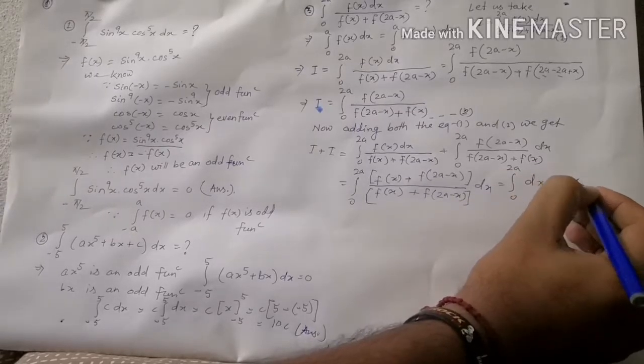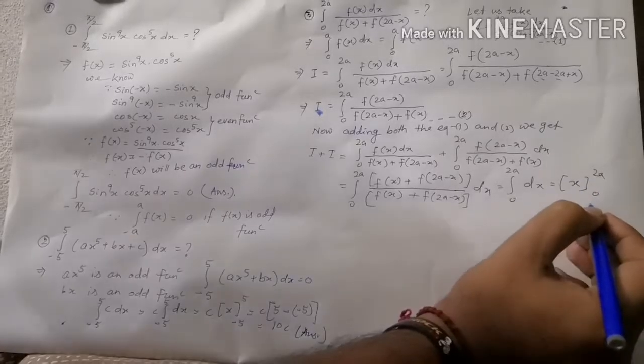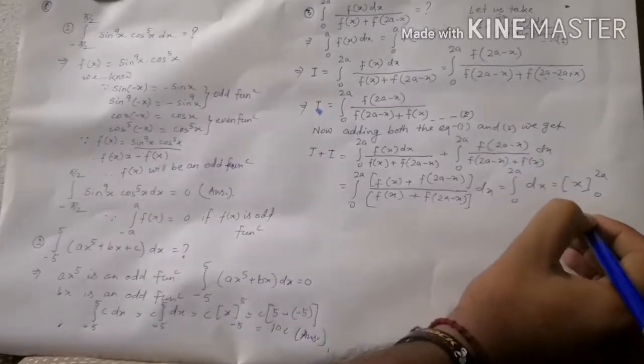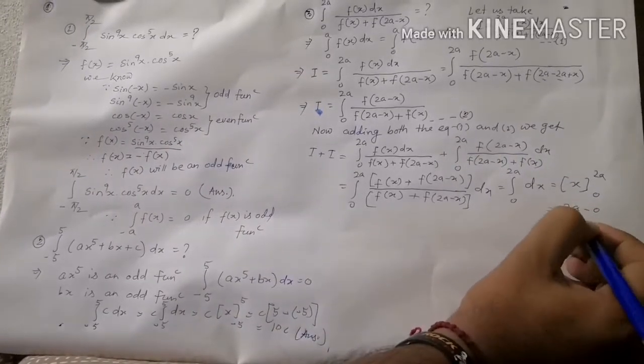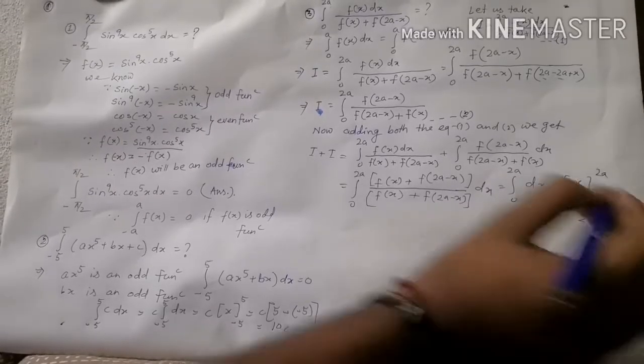So now the upper limit will be 2a and the lower limit will be 0, and the answer will be 2a minus 0 equals 2a. This will be the answer.